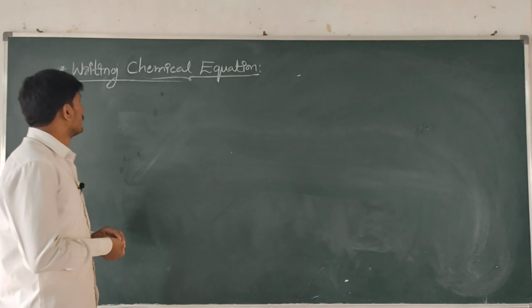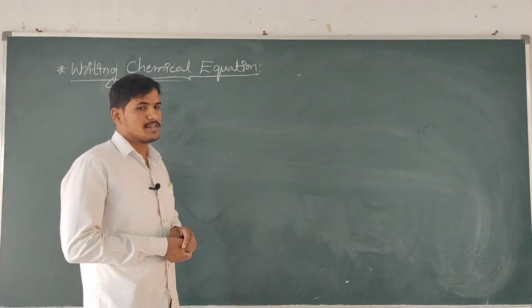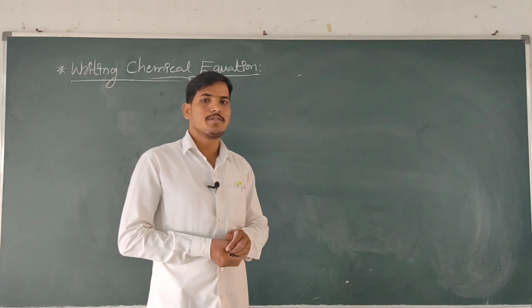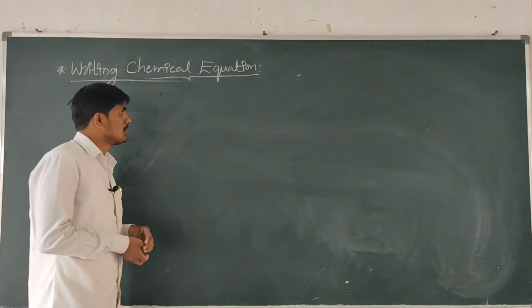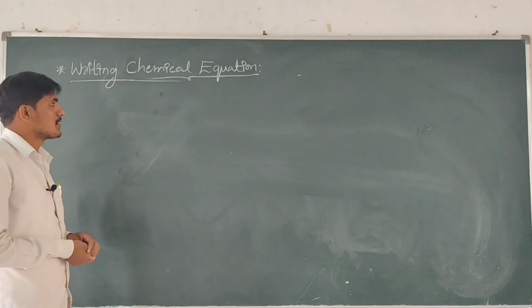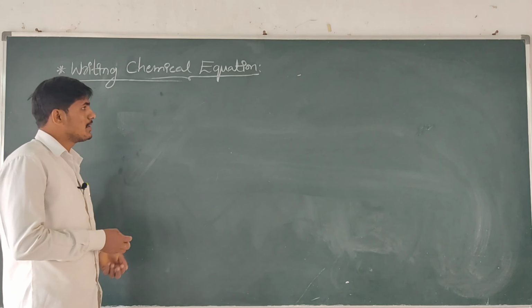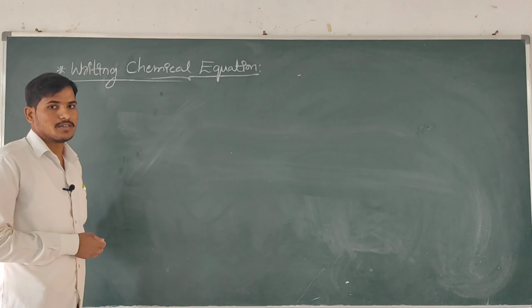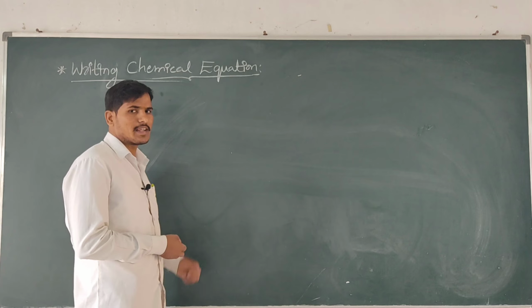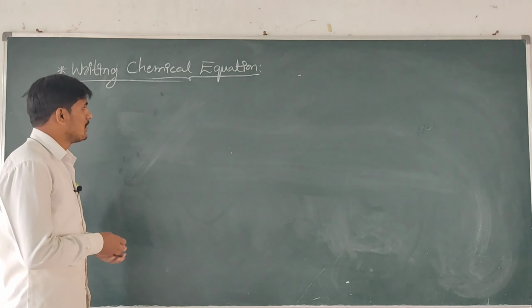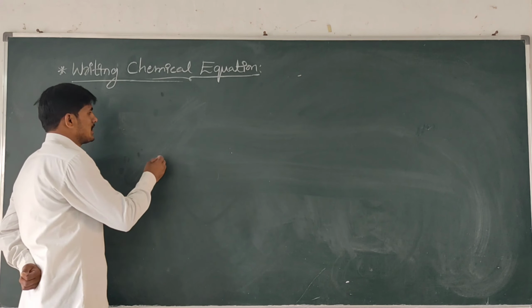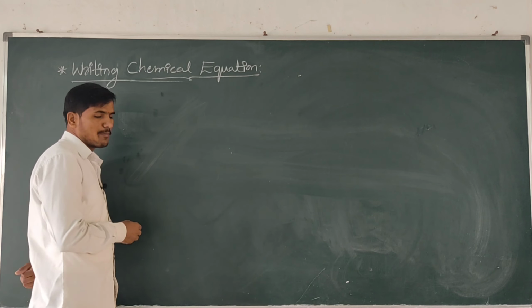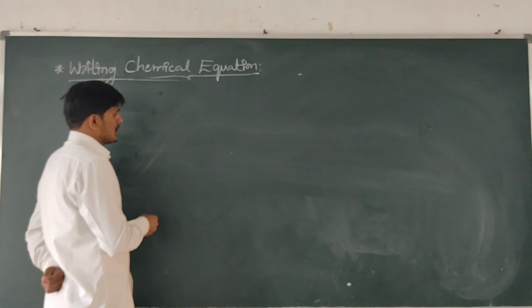Writing a chemical equation is more precise and useful using chemical formulas and symbols instead of words. Writing an equation using symbols or formulas is easy when compared to the word equation.